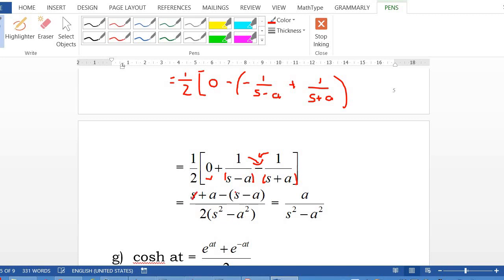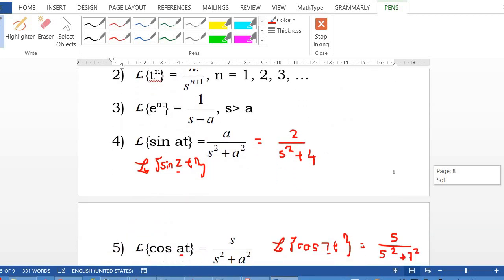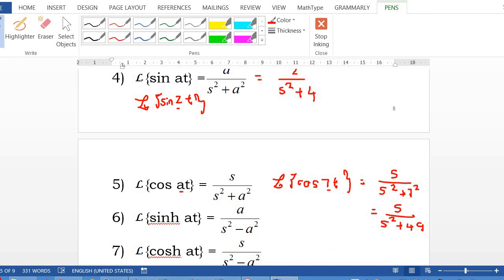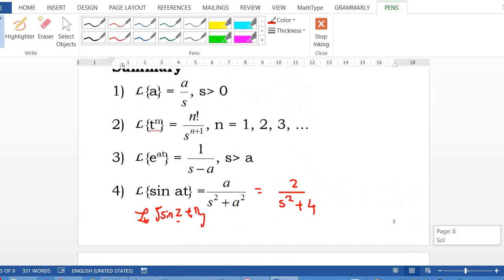So s minus s, no more; a minus negative a, 2a, cancels with 2, and you get a over s squared minus a squared. First, you notice that the Laplace transform for sin at is a over s squared plus a squared. However, the Laplace transform for hyperbolic sin is just different here. Positive here becomes negative.